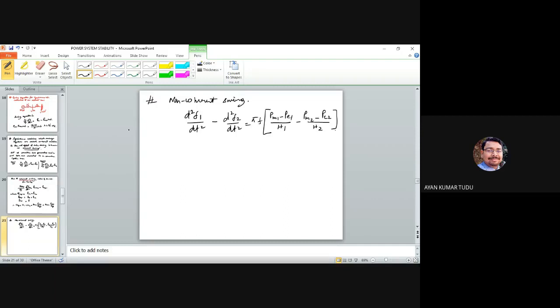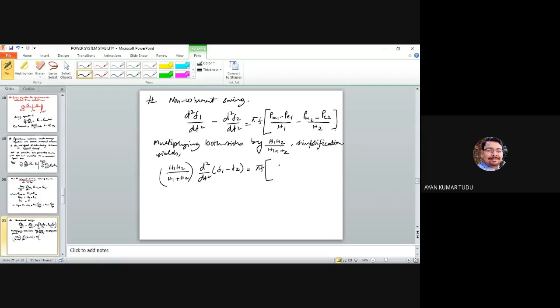Multiplying both sides by H1 H2 by H1 plus H2, the simplification yields H1 H2 by H1 plus H2 into d2 (delta 1 minus delta 2) by dt square equal to pi f into [(Pm1 H2 minus Pm2 H1) by H1 plus H2 minus (Pe1 H2 minus Pe2 H1) by H1 plus H2].